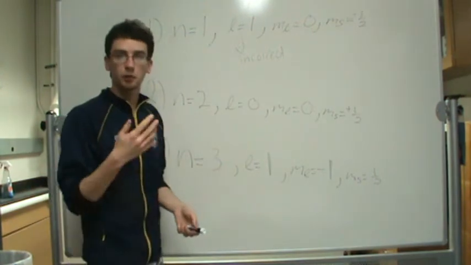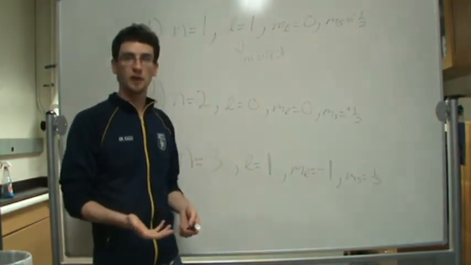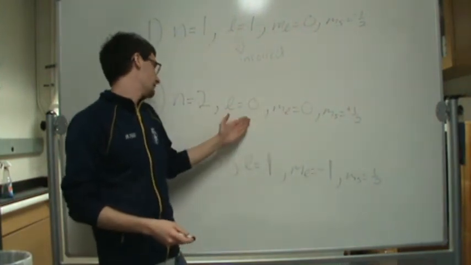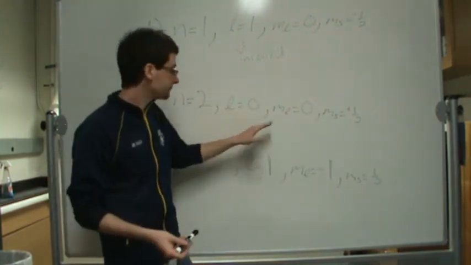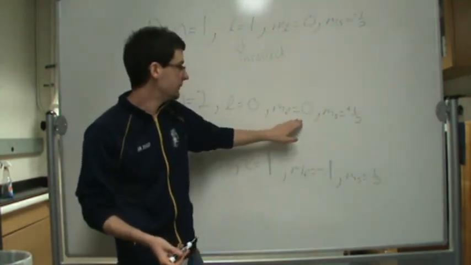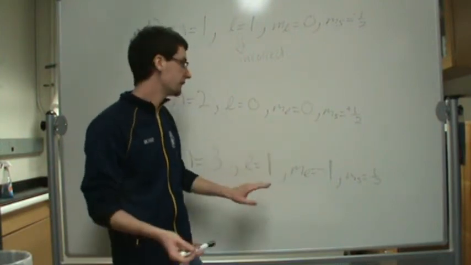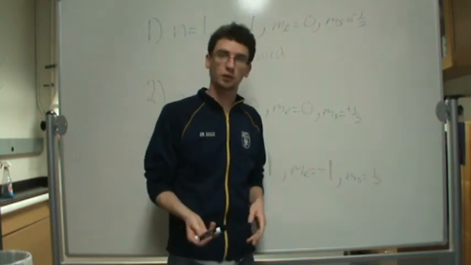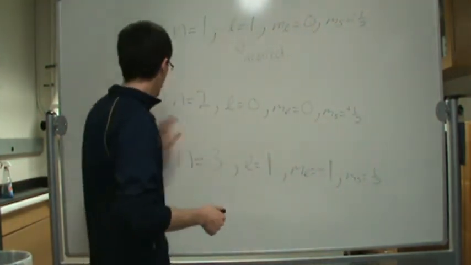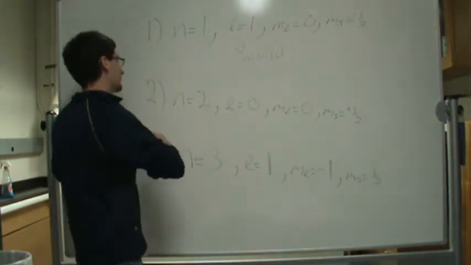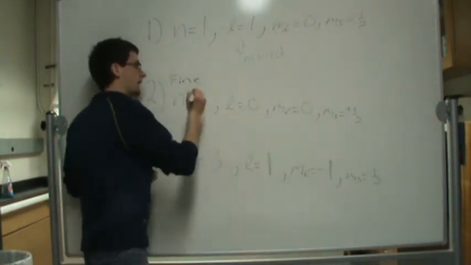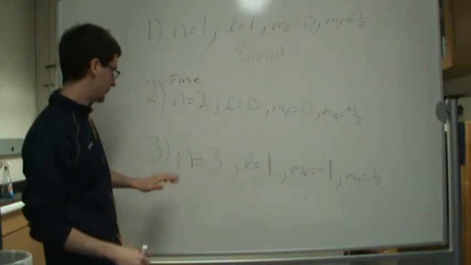Now ml, like I previously stated, can take on values of negative L to positive L. Since our L is just 0, we can also take our ml to be 0, which is correct. And we have an ms of plus 1/2, which is also correct. So we're okay with our second example.